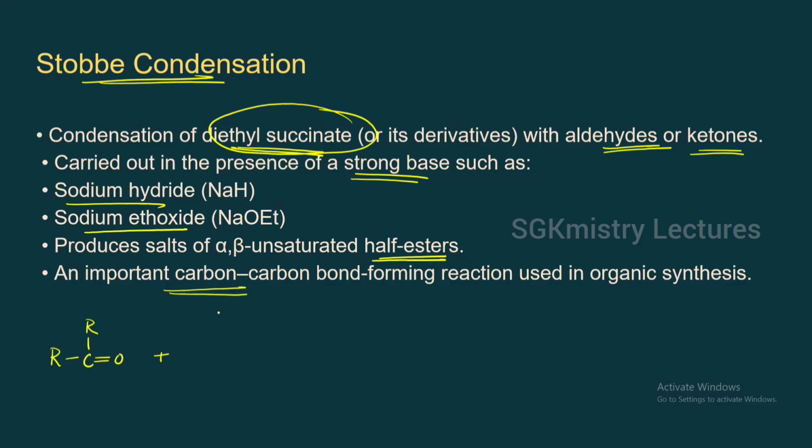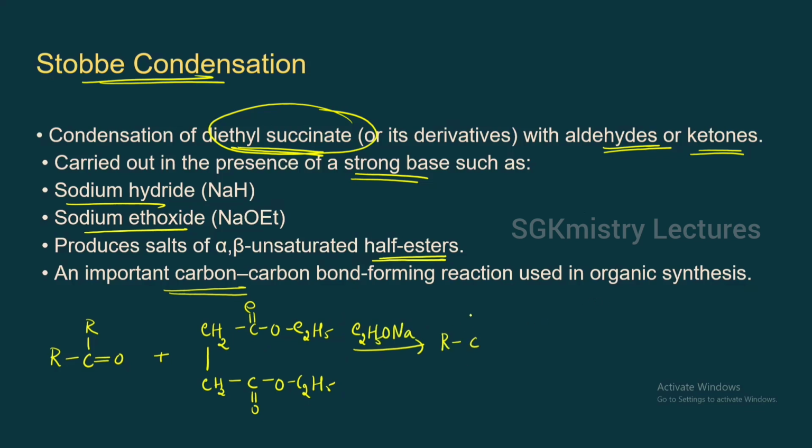Now I take diethyl succinate: CH2COOC2H5, CH2COOC2H5. This is nothing but diethyl succinate, in the presence of a strong base. You can take sodium hydride or sodium ethoxide. So let us take sodium ethoxide, C2H5ONa.